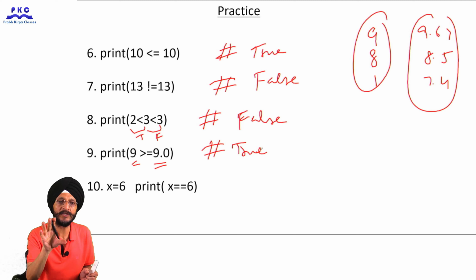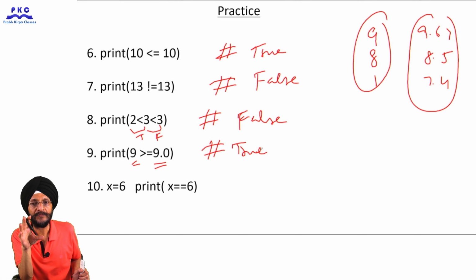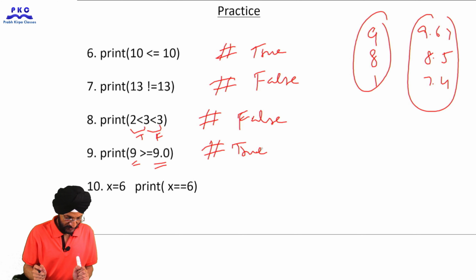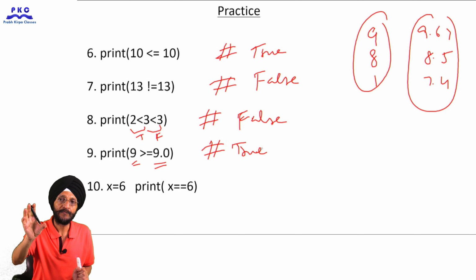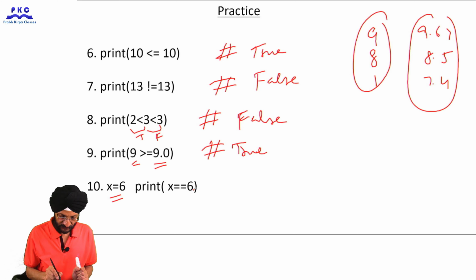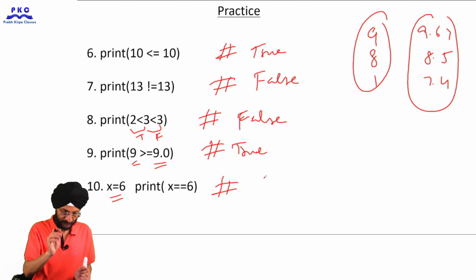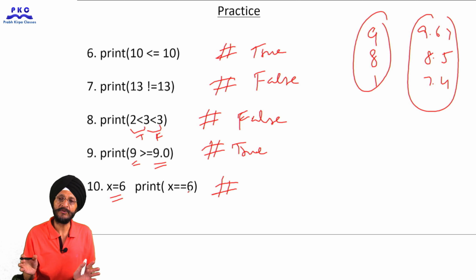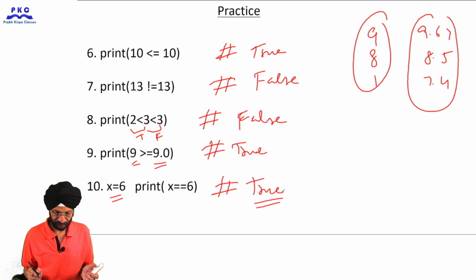Both are equal because Python automatically converts the integer into a floating number for the purpose of comparison. Next, x is equal to 6, print x equals equals 6. Whether x is equal to 6, it is true because the value contained is the same.